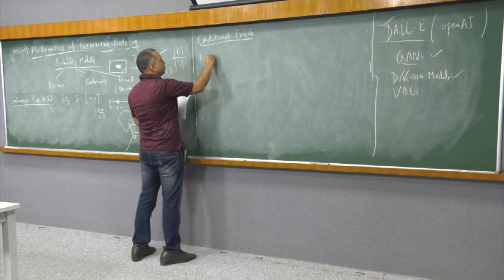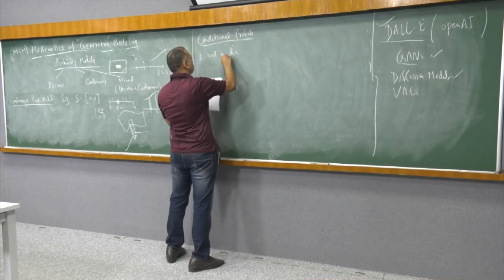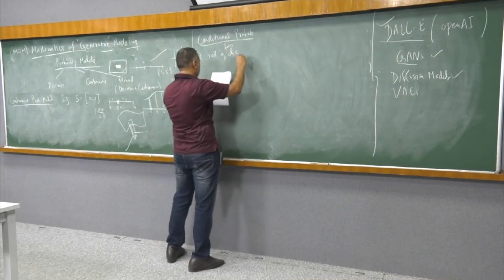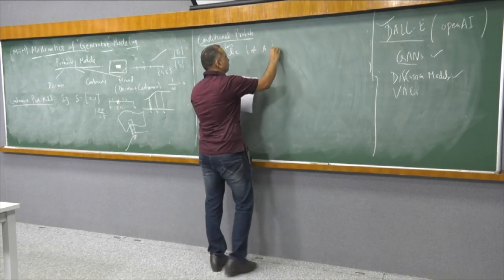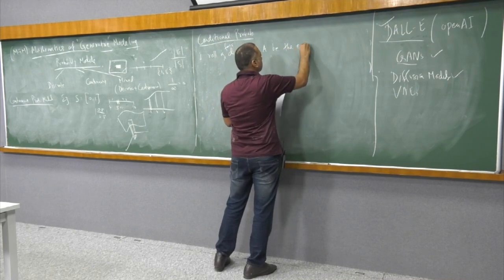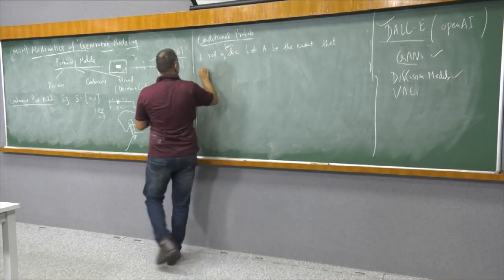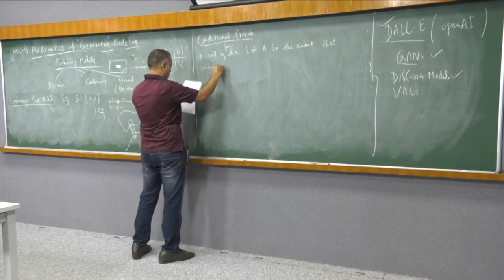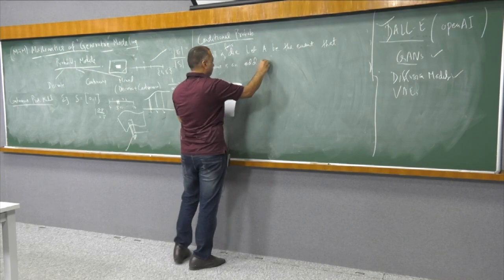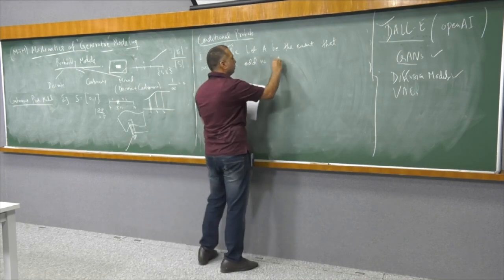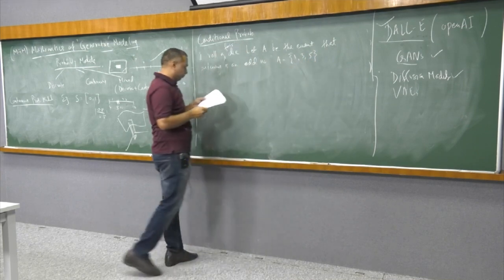So I roll a die, a fair die. Usually it's always a fair die. Let A be the event that the outcome is an odd number, then A is this.